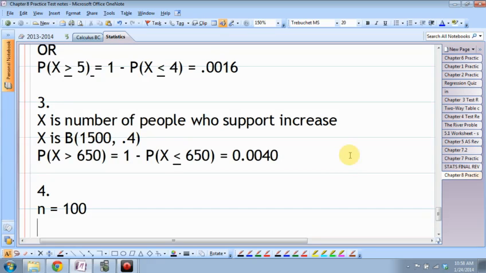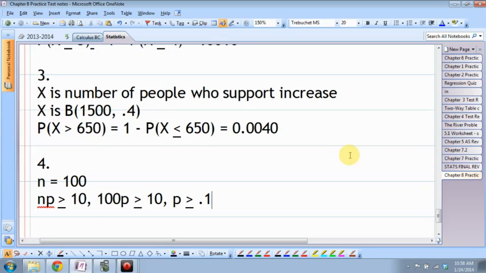And if we're going to use a normal approximation, we know that NP has to be greater than or equal to 10. Which means that 100P has to be greater than or equal to 10. Which means that P has to be greater than or equal to 0.1. So this has to be true.